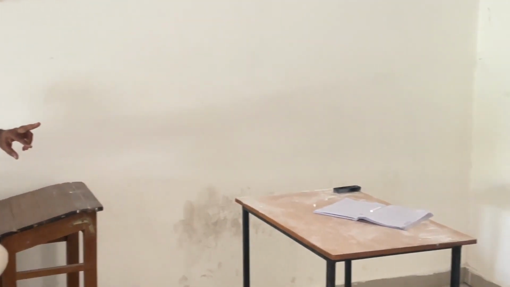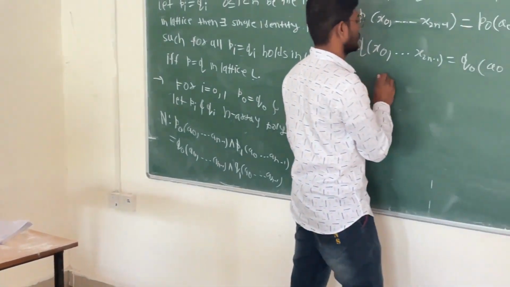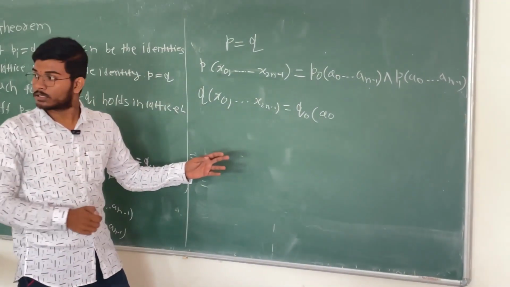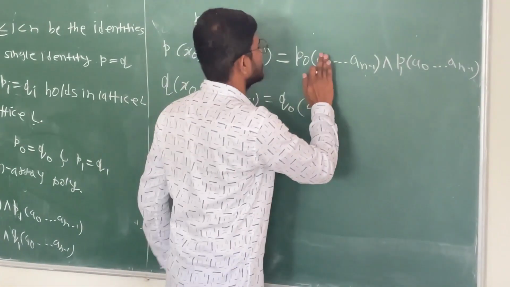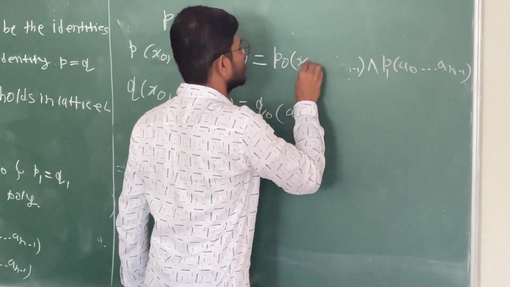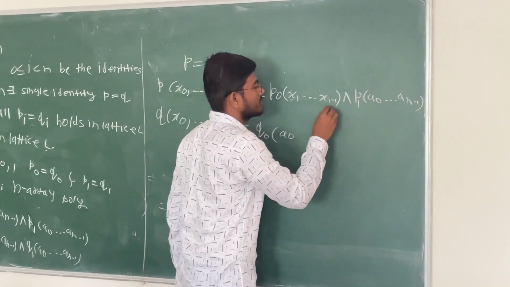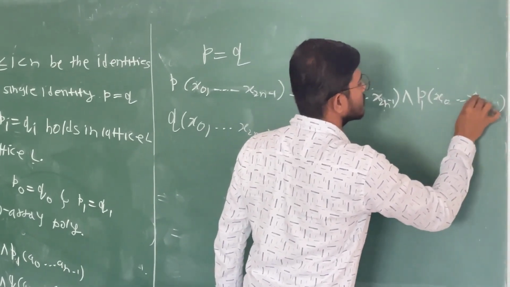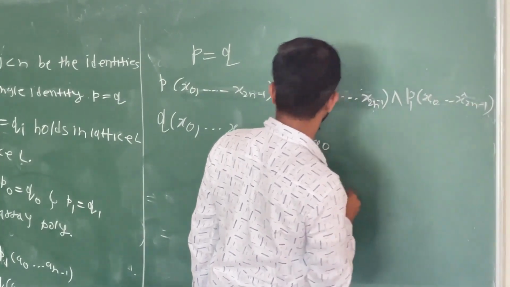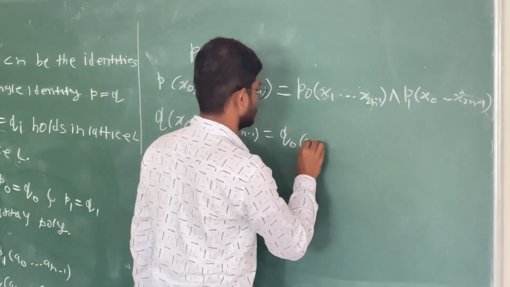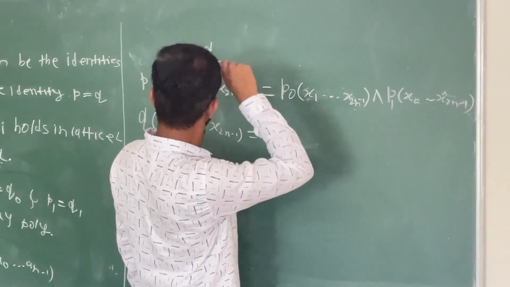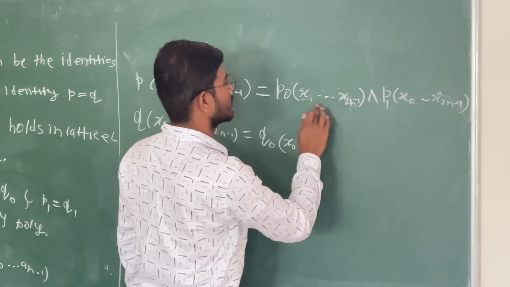There again write the x_i's, not the a_i's. On the right-hand side, P naught of x_i, not a naught to a n minus 1, the x_i's. We are taking a polynomial P as the meet of those two polynomials, in x naught up to x n minus 1.